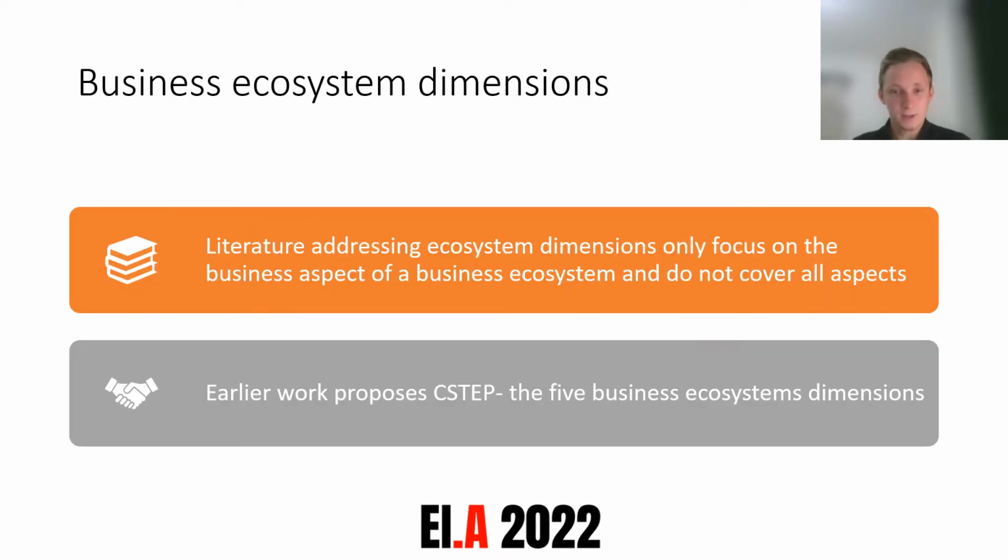And for the ecosystem dimensions, the literature is not focusing on all needed dimensions. For example, from all the dimensions identified in the literature, we found that the climate dimension is missing, and especially in the energy business ecosystem it's very important because the transition to a green energy system is first of all due to climate change.